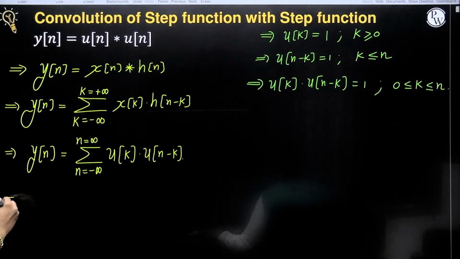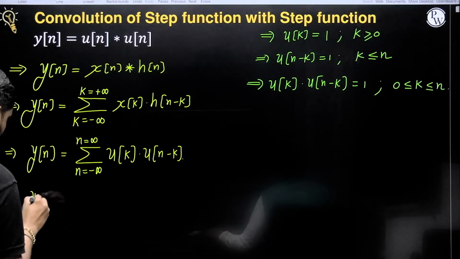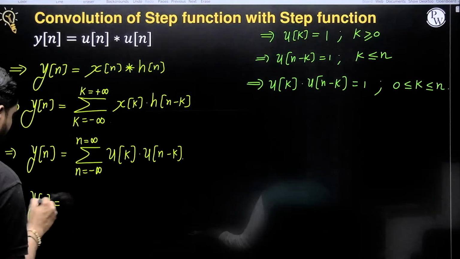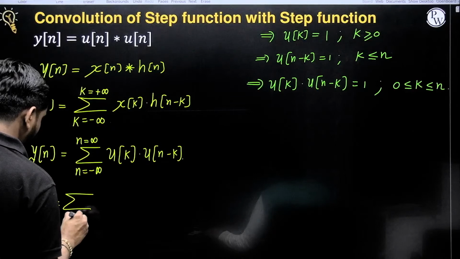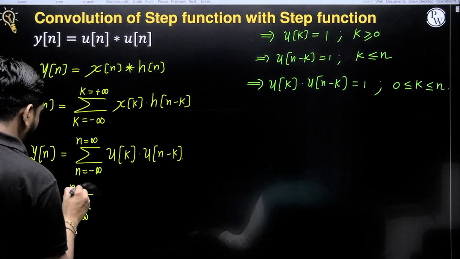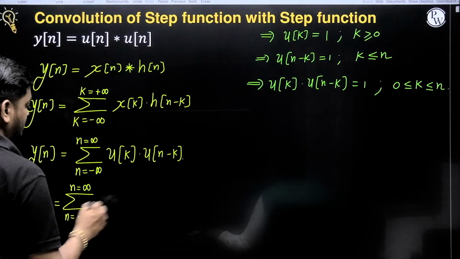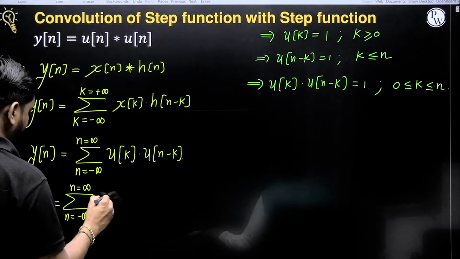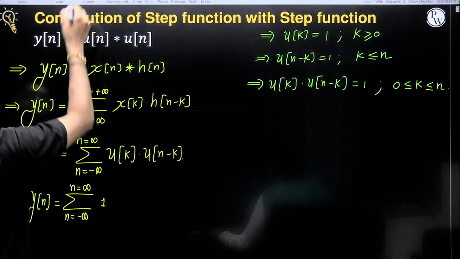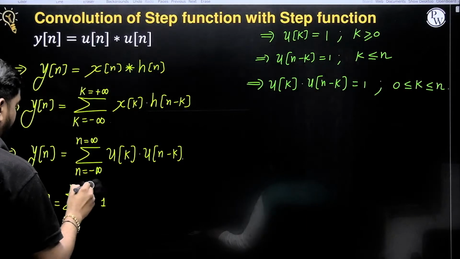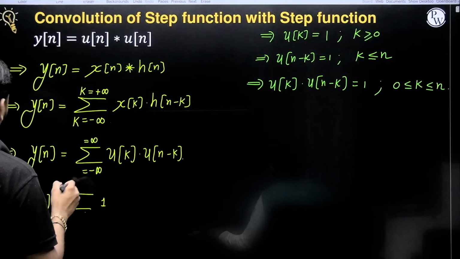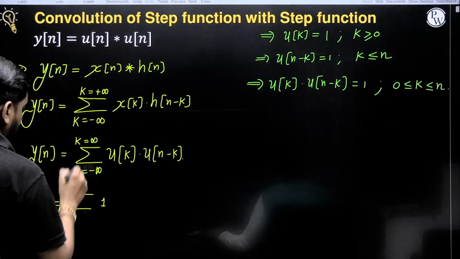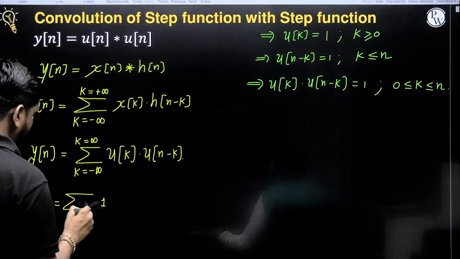y of n is the summation from minus infinity to plus infinity. If you replace the product with 1, then the limit will be k from 0 to n.